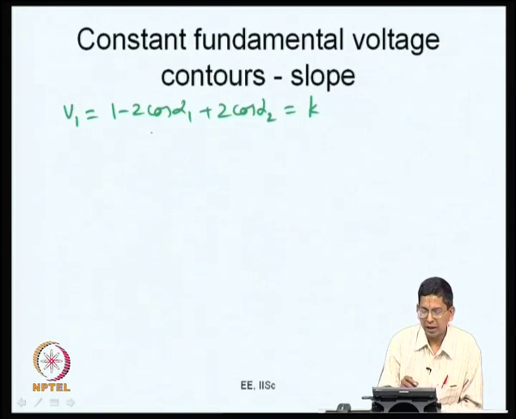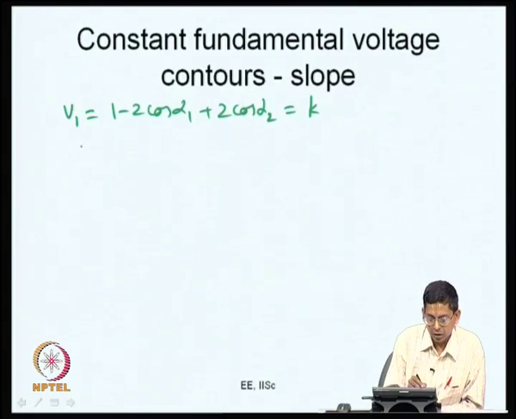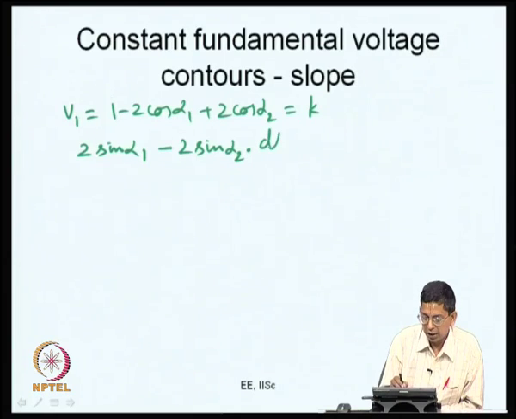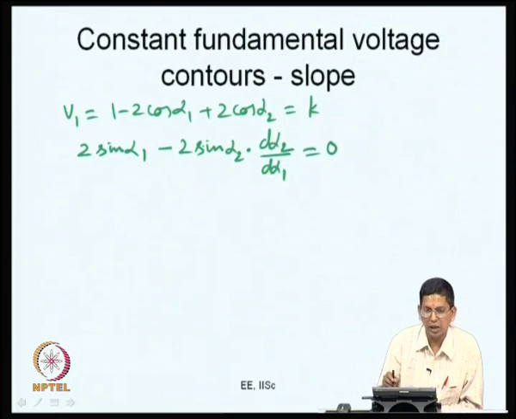So, I can differentiate both sides with respect to alpha 1. What I get here is 2 sin alpha 1 minus 2 sin alpha 2 times d alpha 2 by d alpha 1 is 0. This is what I get by differentiating both sides.